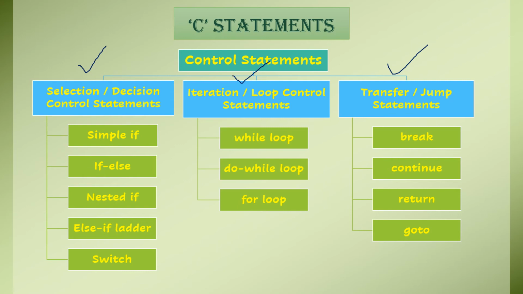Transfer and jump statements means if some condition is satisfied, at that time you just want to go out of the loop or jump to another block. So in selection or decision control statements, we have the simple if statement.